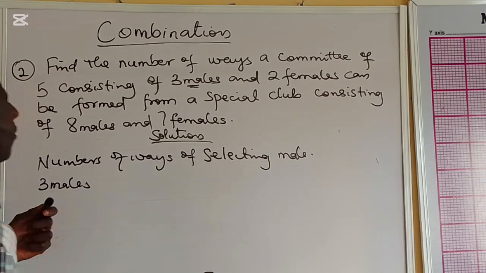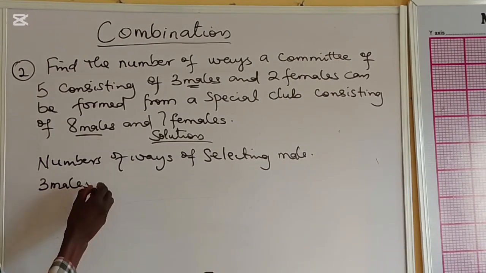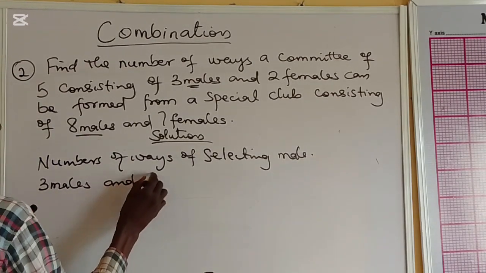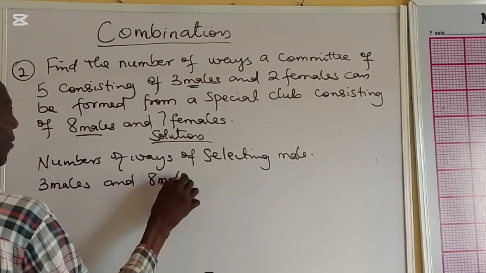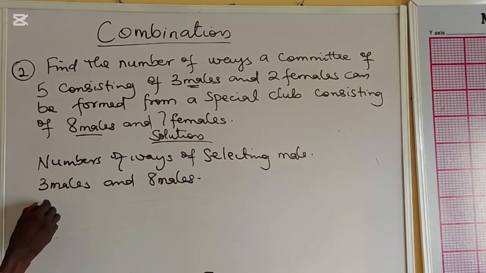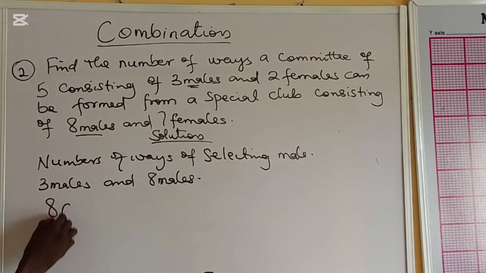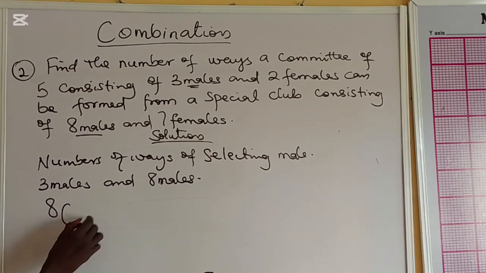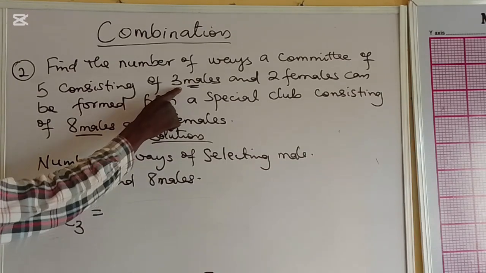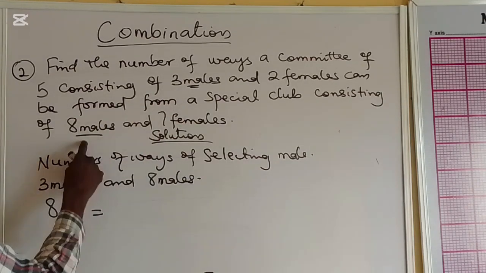here, and we still have 8 male here, which means 8 combination 3. You pick this first because the smaller number comes before the bigger one. It's a combination.